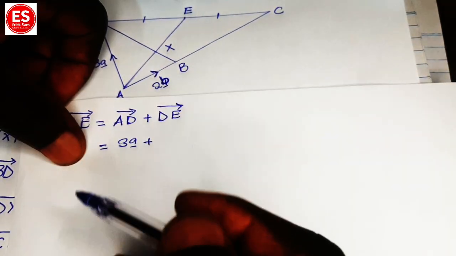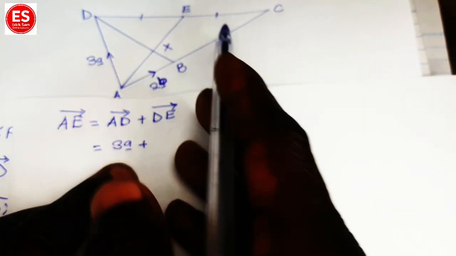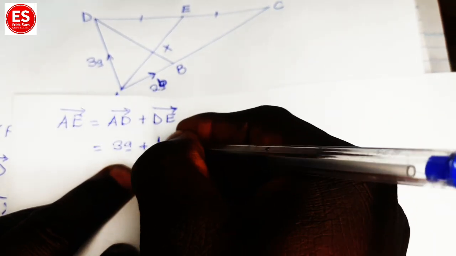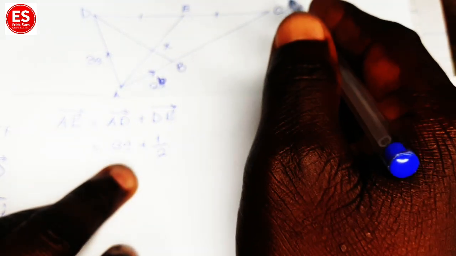Okay, so in that case, to move from D to E, there is 1 over total distance. Total is 2, so 1 over 2 of DC, right?